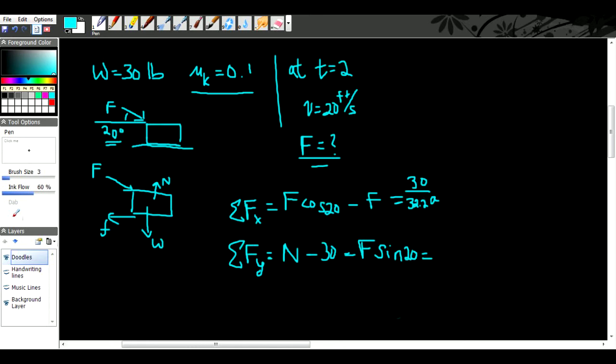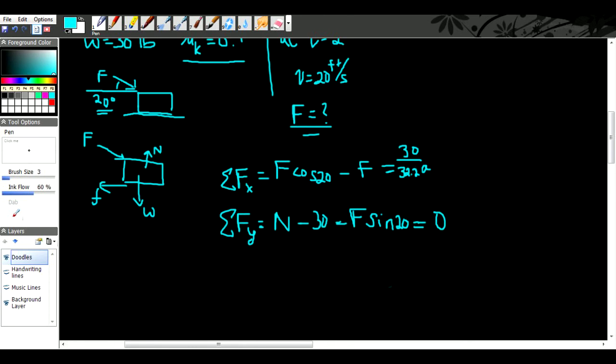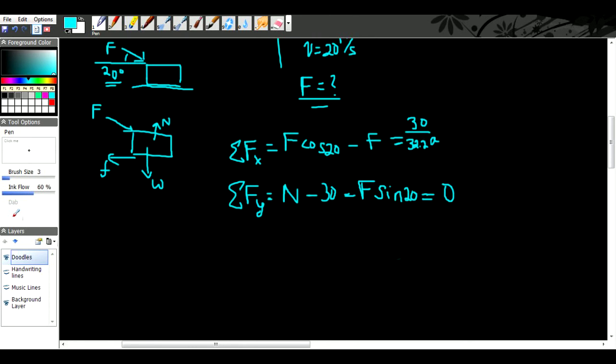Since there's no acceleration in the y direction, it's equal to 0. We know this friction force is going to be mu k times N.